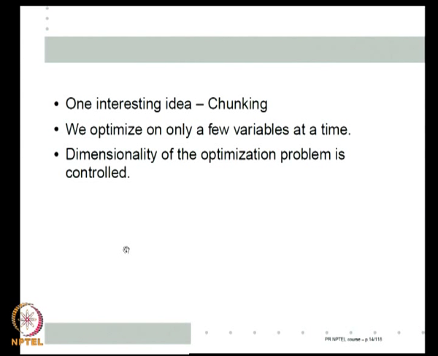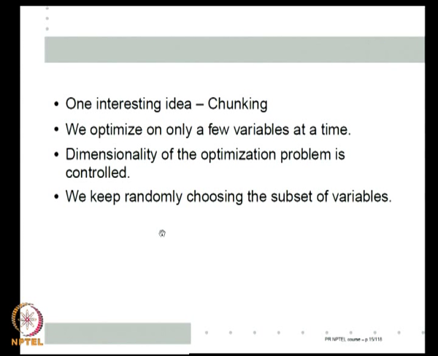Basically, at each iteration I choose, let us say, 20 or 25 variables to optimize on, and only for that many variables I run the optimization algorithm, and I keep randomly or through some heuristics choosing subsets of variables to optimize, and normally this speeds up the entire optimization.